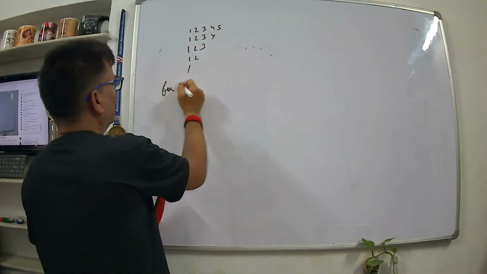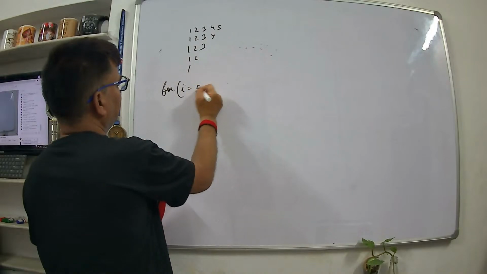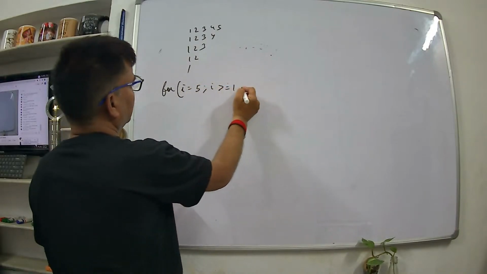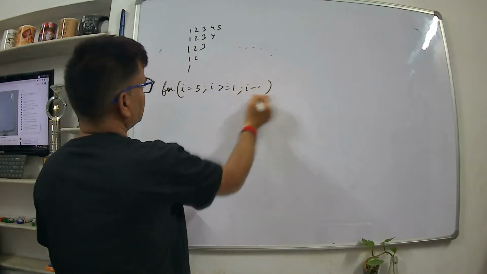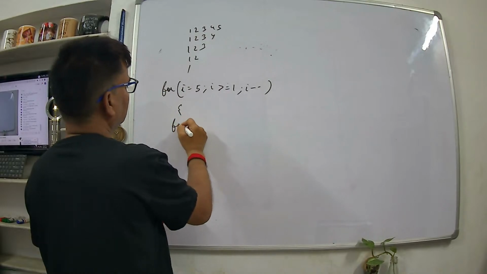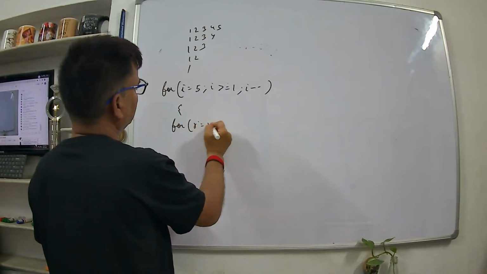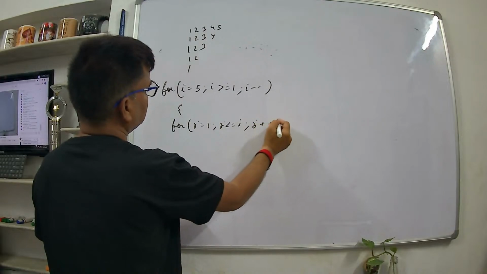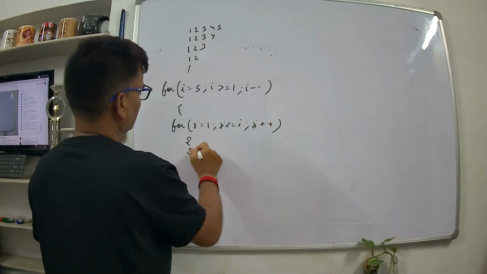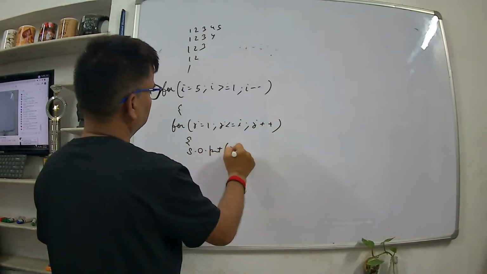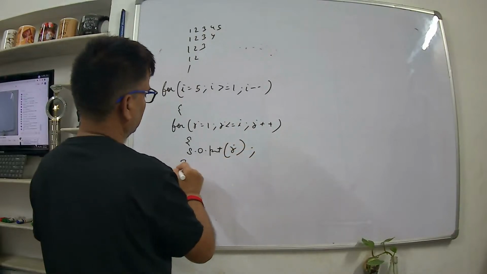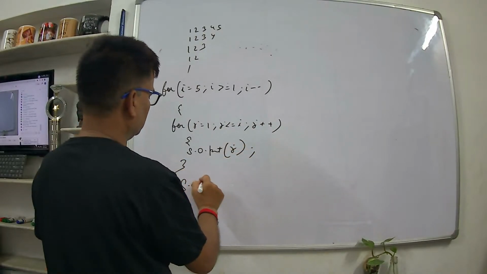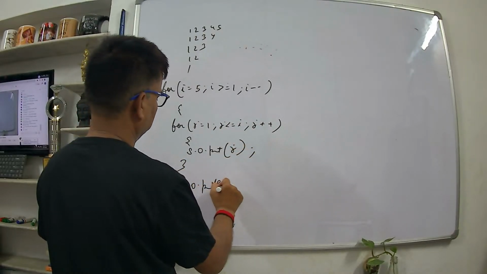For i equal to 5, i greater than or equal to 1, i minus minus. For j equal to 1, j less than or equal to i, j plus plus, System.out.print j, and then System.out.println.